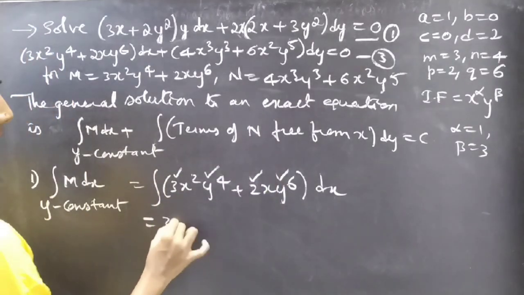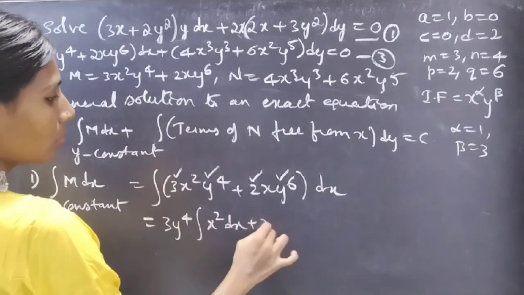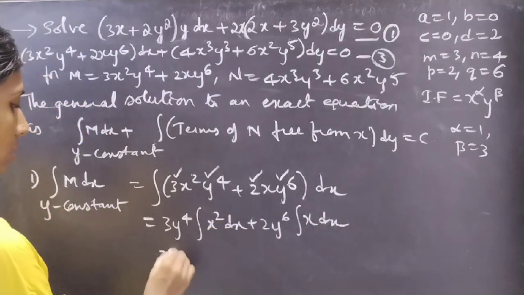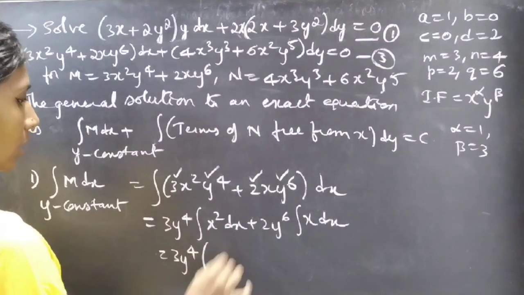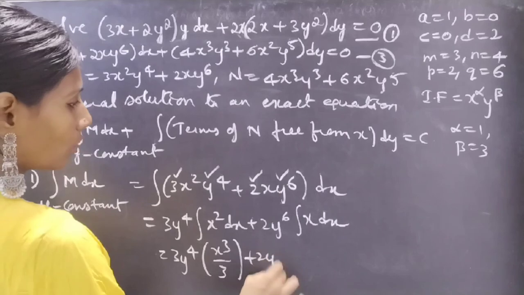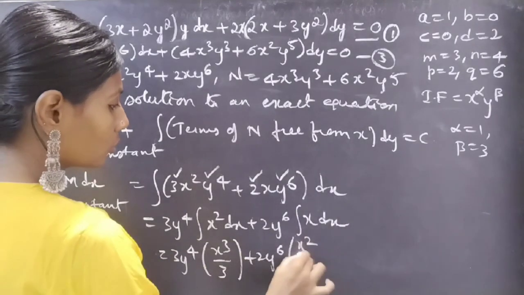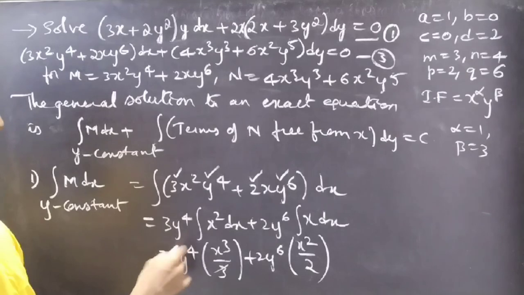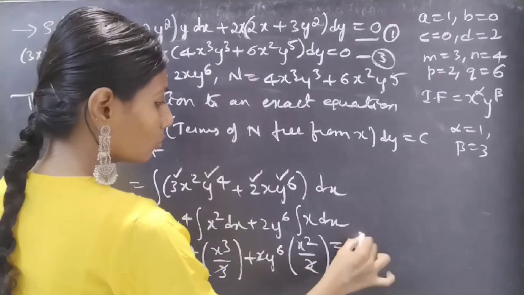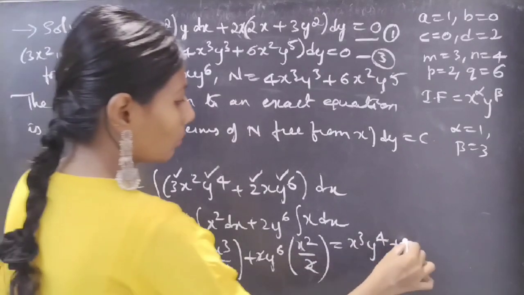So we can write this as 3y power 4 into the integral of x square dx plus 2y power 6 into the integral of x dx, which gives us 3y power 4 into x cube by 3, plus 2y power 6 into x square by 2, right? So 3 gets cancelled and 2 gets cancelled. This gives us x cube y power 4 plus x square y power 6.